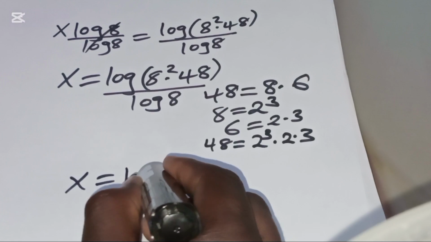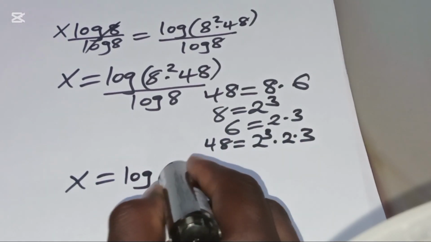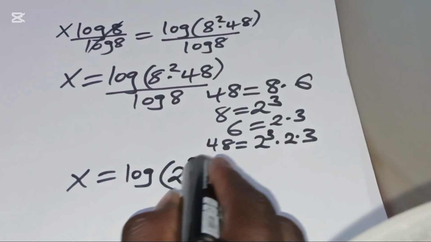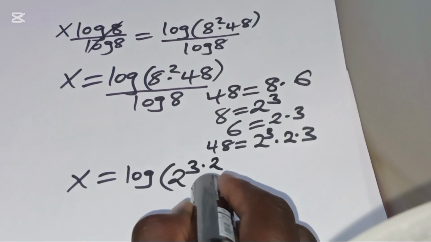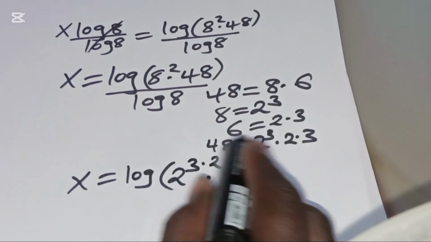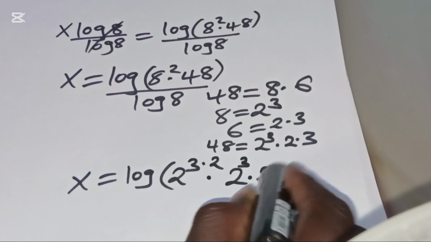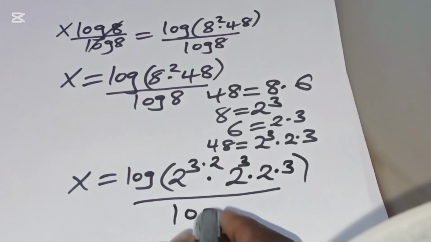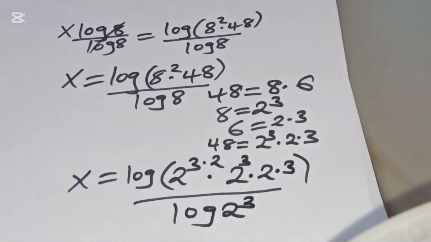So let's substitute this. We'll have x is equal to log of 2 to the power 3 for the first 8 to the power 2, 2 to the power 3 multiplied by 2, multiplying by 48, which is 2 to the power 3 multiplying by 2 multiplying by 3, all of this divided by log 2 to the power 3.